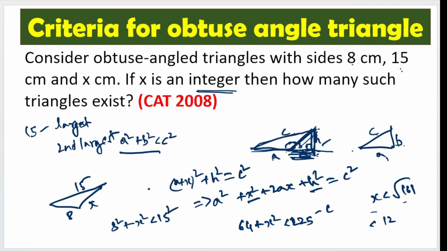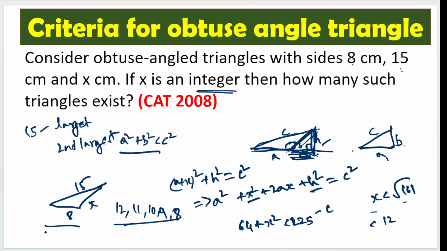Now, what are the various options? X can be 12, 11, 10, 9, 8. X can be these five. Why not 7?